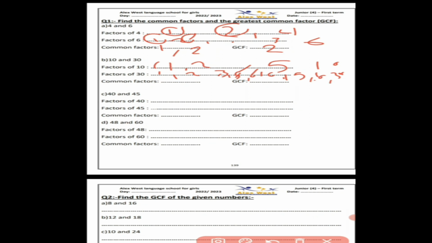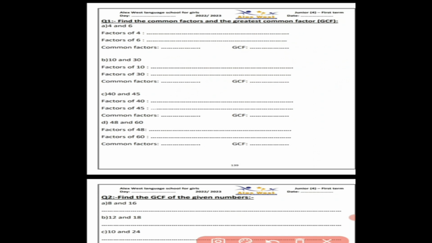So the common factors between 10 and 30 are 1, 2, 5, and 10. The greatest common factor is 10.